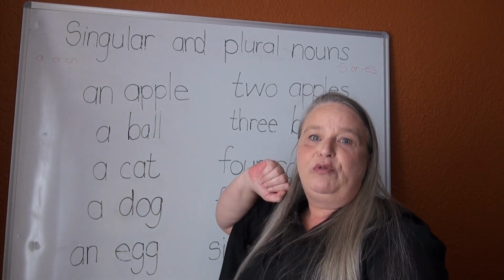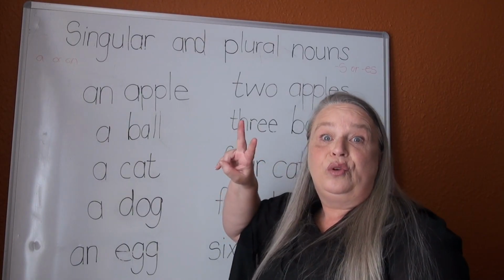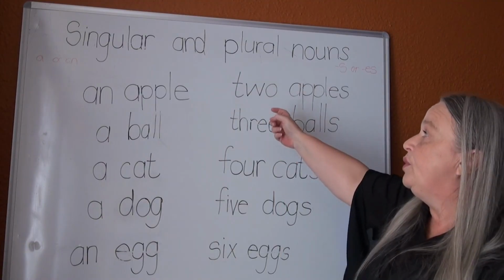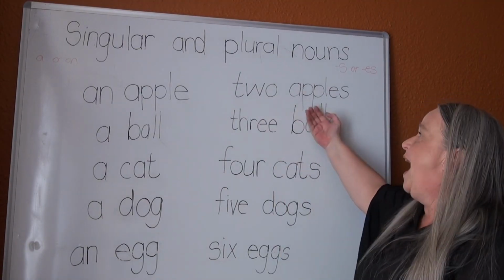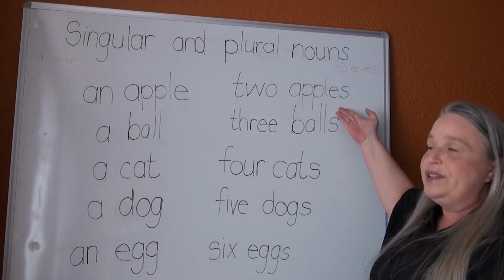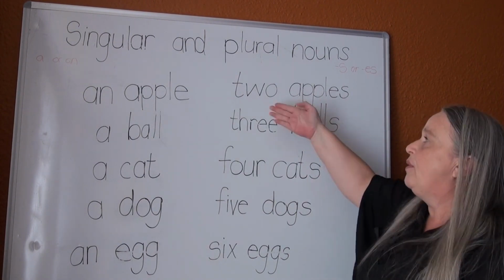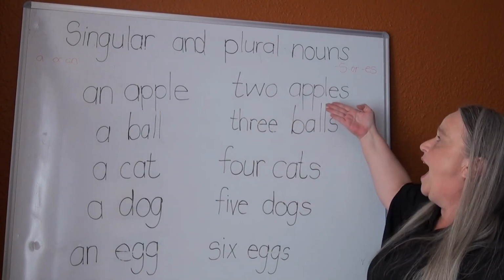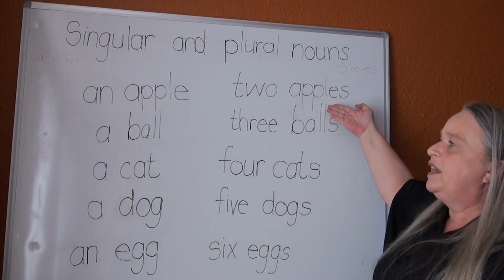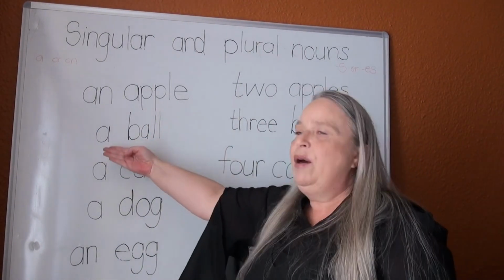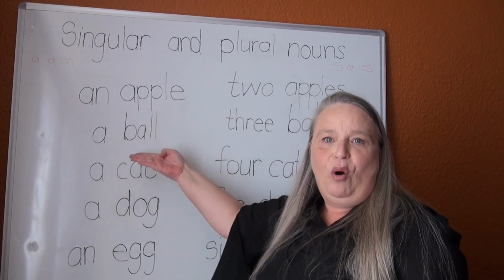But what happens if we have two or more than one? We will have two apples. And you see here, apples will get an S. Now let's go back to ball. One ball will be a ball.